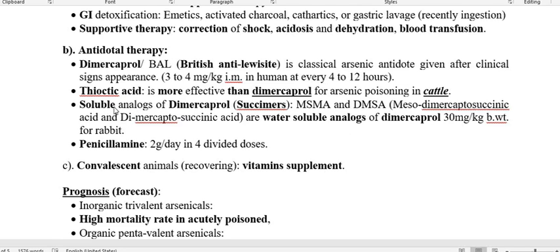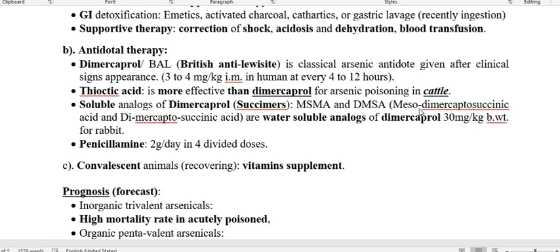But as far as the dimercaprol or BAL analogs are concerned, the soluble ones are the important ones. So the soluble analogs of dimercaprol are two compounds, MSMA and DMSA. So what are these?